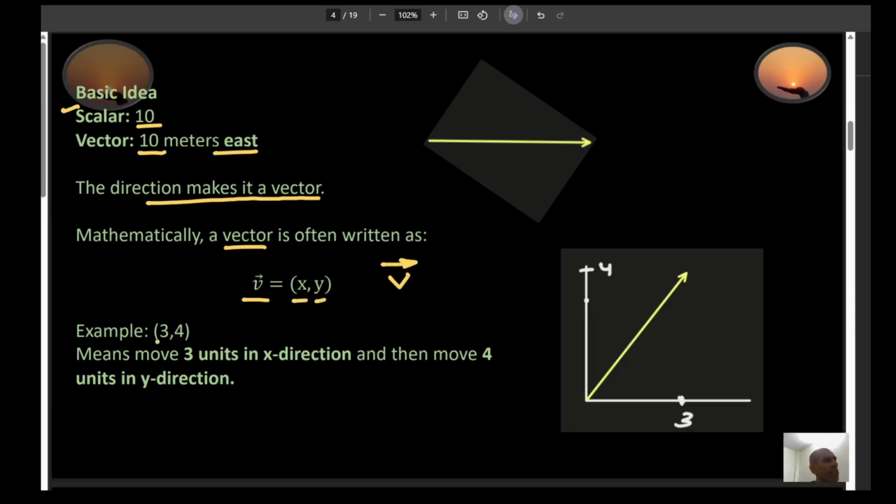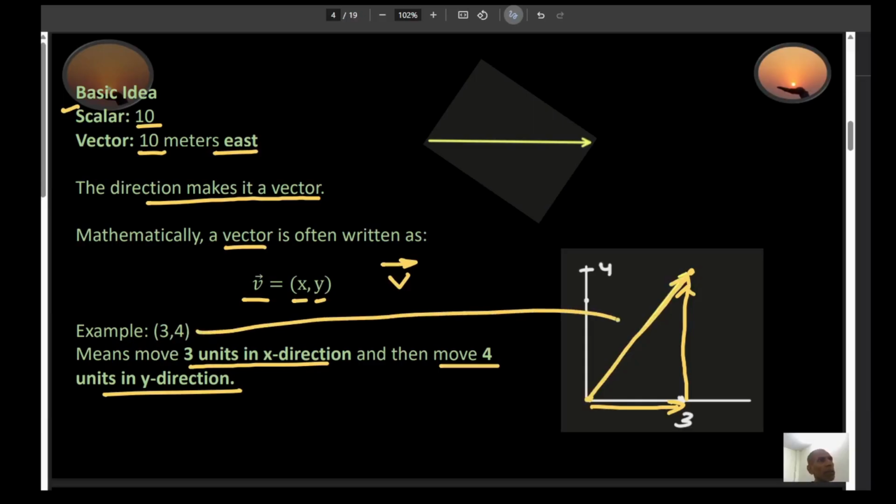For example, if I say vector v equal to 3, 4, it means move 3 unit in the x direction. So you go 3 unit in this direction right here, and then move 4 unit in the y direction. So you go 4 unit in this direction, and then you reach this position. So your vector now is from here to here. This 3, 4 vector would be this one right here.